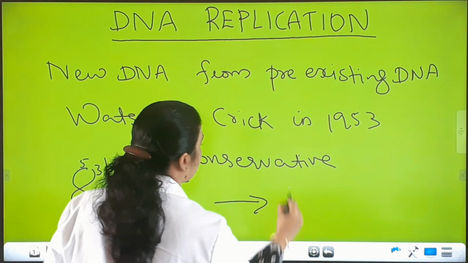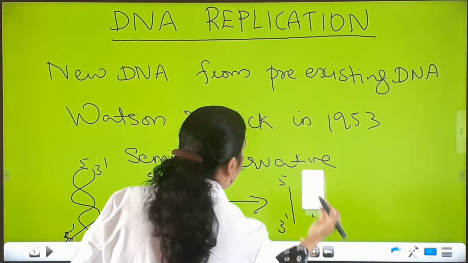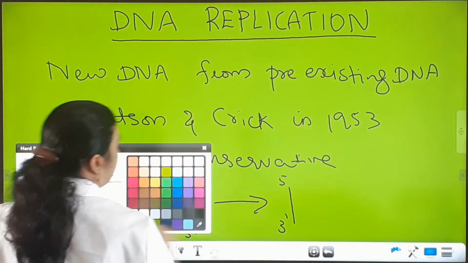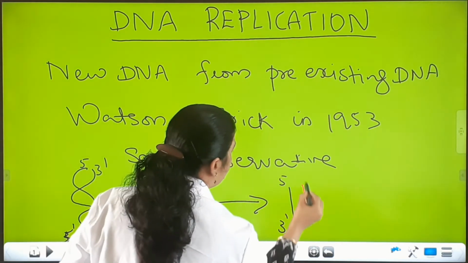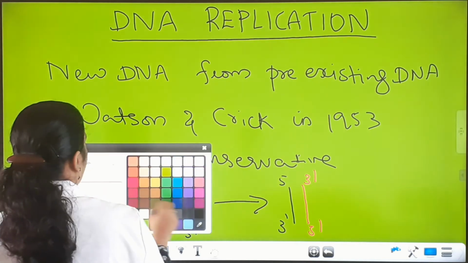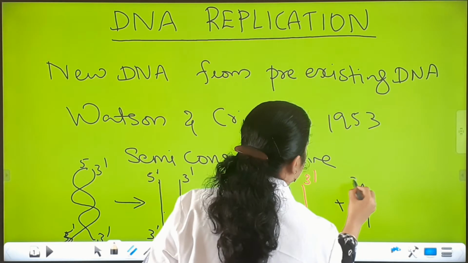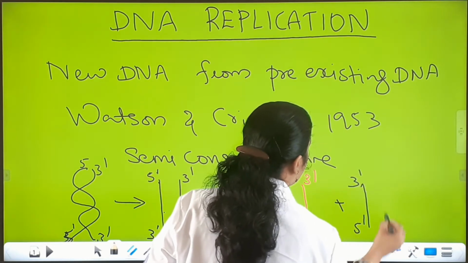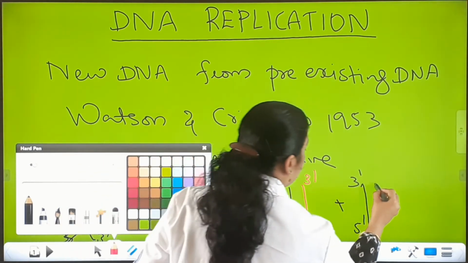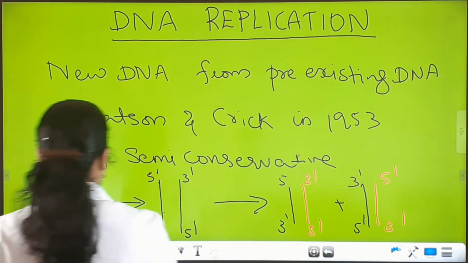So the first one, 5 prime, 3 prime, can make a new strand. I'll show you. Here they can make a new strand, and the second strand, 3 prime, 5 prime, also can make a new strand with the polarity 5 prime, 3 prime.